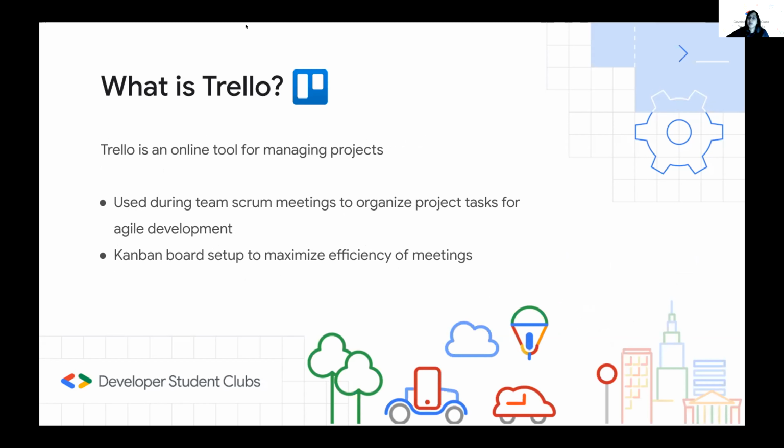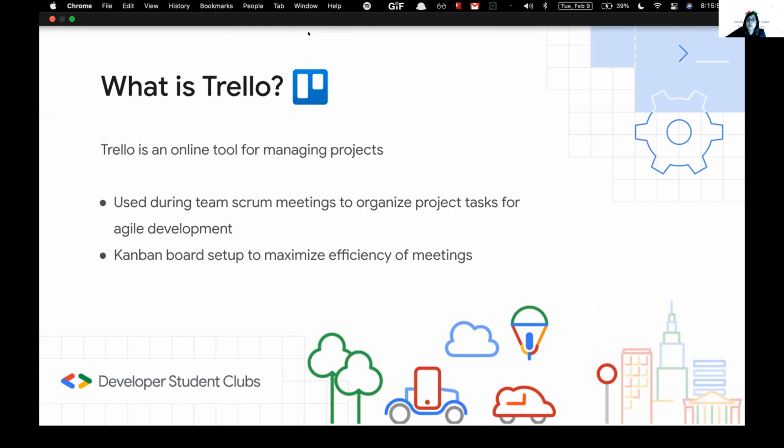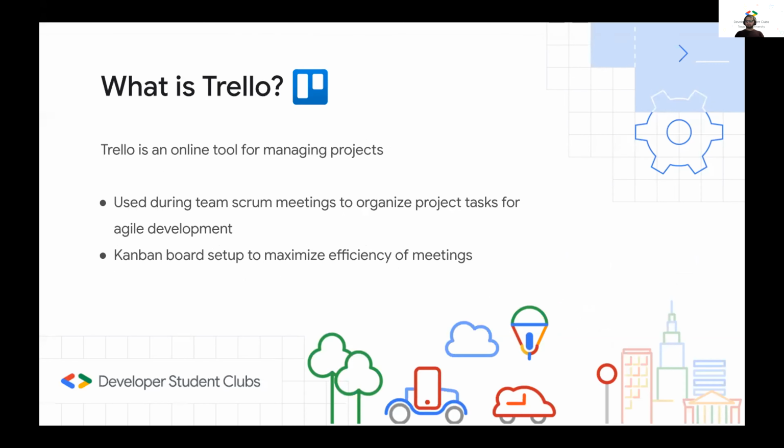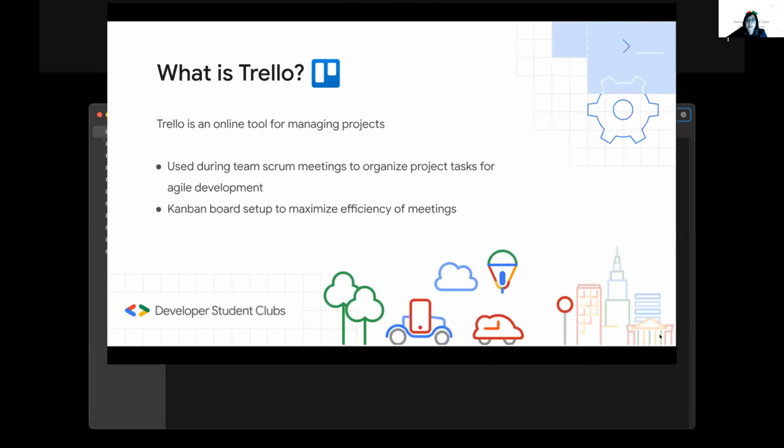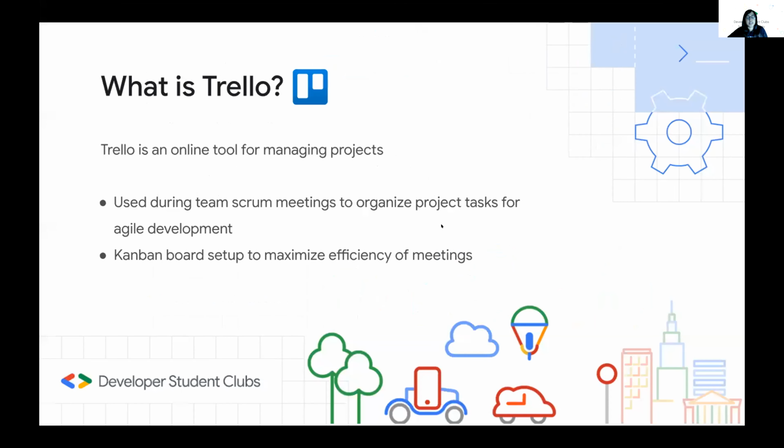So we're also going to be using Trello for the projects that we have for DSC, and a lot of that is because a lot of the more technologically apt companies right now are doing all their projects in an agile development method, and Trello allows organizations to basically have a Kanban board for keeping track of their progress.